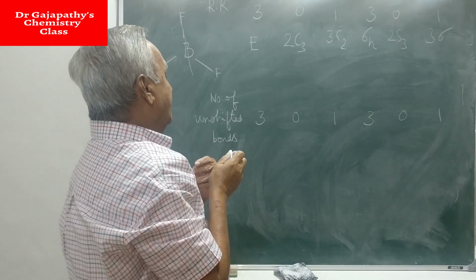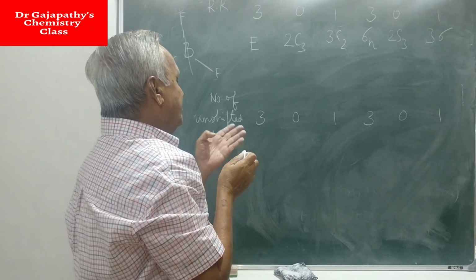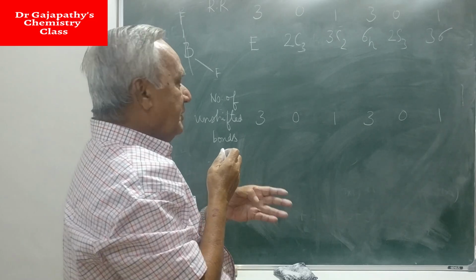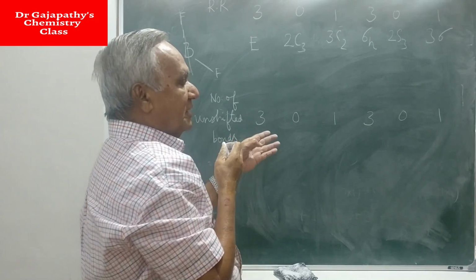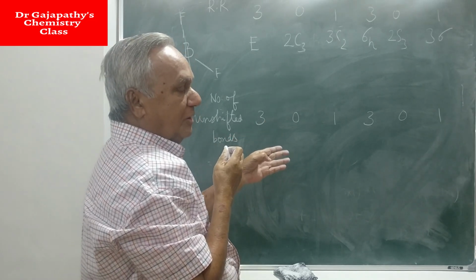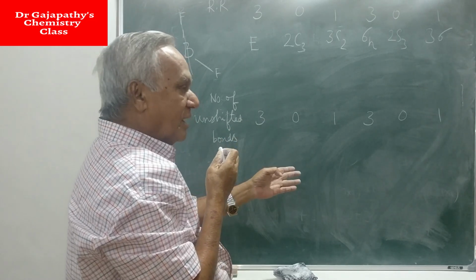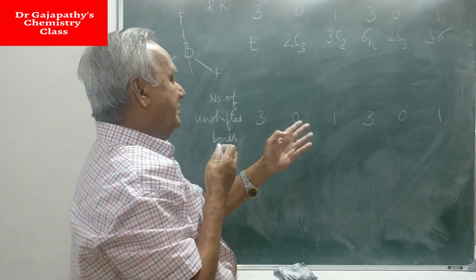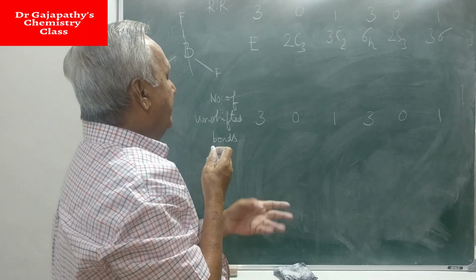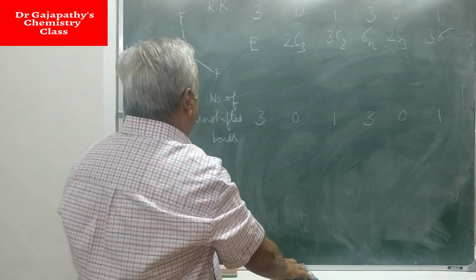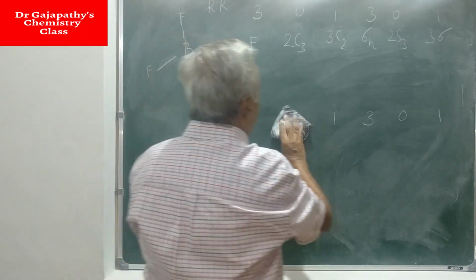Now I find out how many A1 primes are present in this. How many A2 primes are present, E primes are present, A1 double prime, A2 double prime, E double prime. How many are present in this? For this we use the formula. You know the reduction formula.